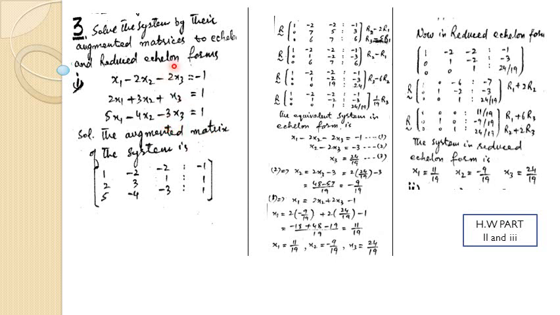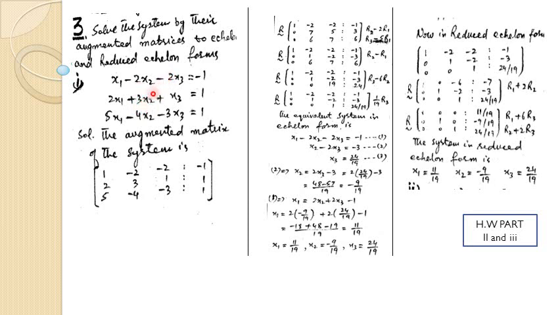First of all, this is a system of linear equations: x1 minus 2x2 minus 2x3 is equal to minus 1, and 2x1 and so on. This system involves three variables x1, x2, x3. Solve means to find the variable values, so we want to find the values of x1, x2, x3. By Cramer's rule and the inversion method you have learned in the previous lecture. Now we will discuss it by the reduced echelon form.